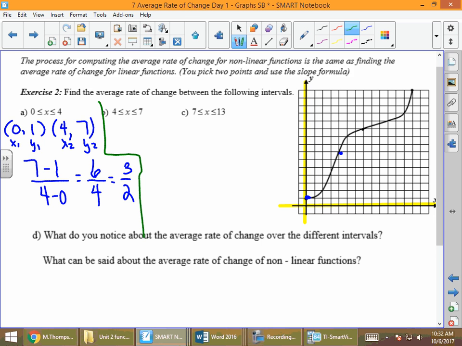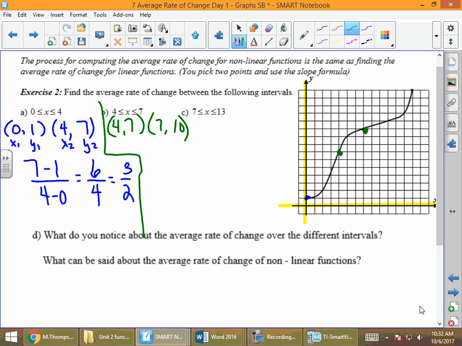So once we get our first value there, we want to look at our average rate of change between 4 and 7. So there's our two values. Our point at 4 is 4, 7, and our point at 7 is 7, 10.